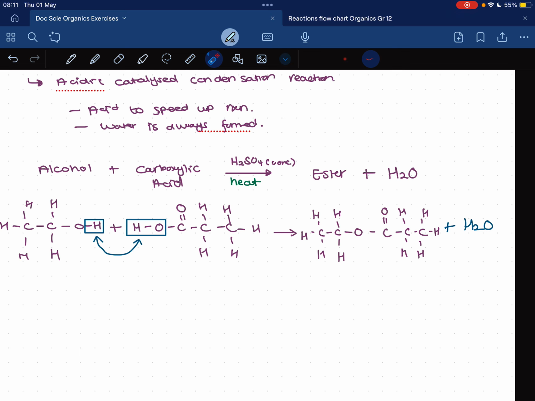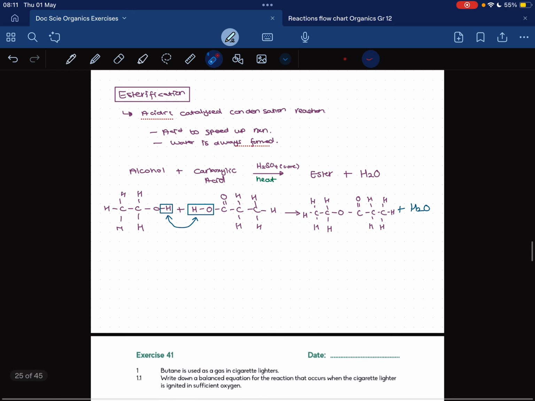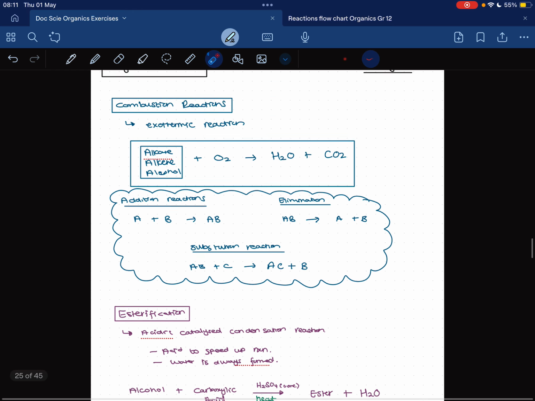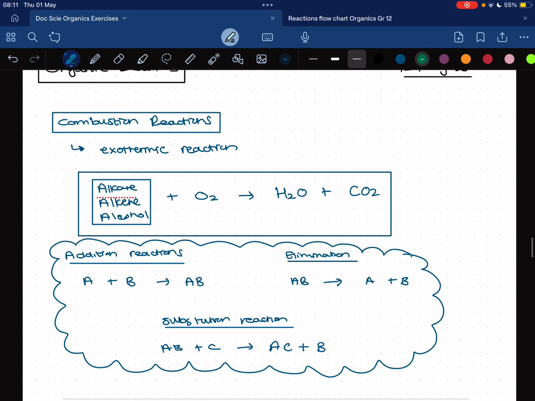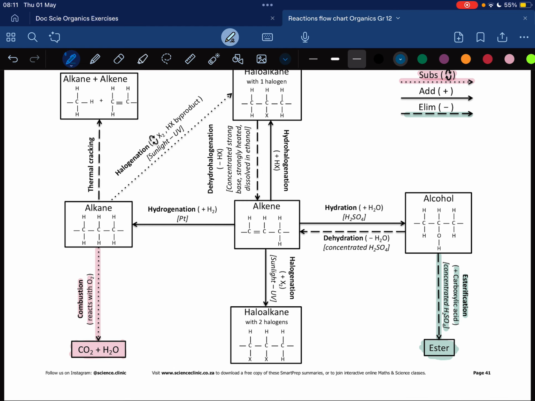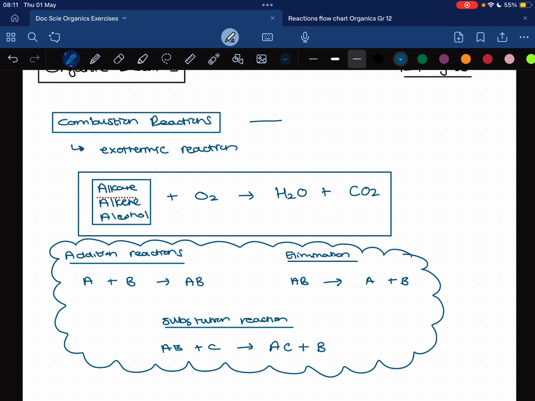Okay, so that's just one of the two types of reactions that we are going to look at for today. Okay, so we look at combustion reactions, which I'm going to write here so that you also know, is a substitution reaction. Okay, so that's quite important. So when you are asked to identify the general reaction, you'll say, oh, it's a substitution reaction.